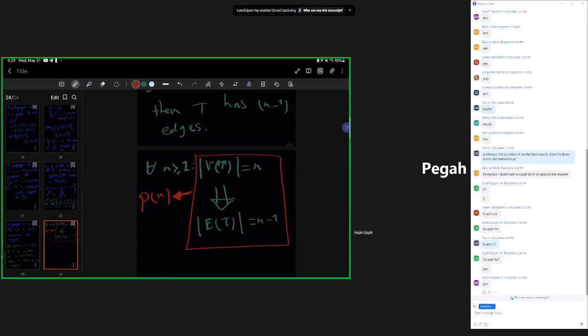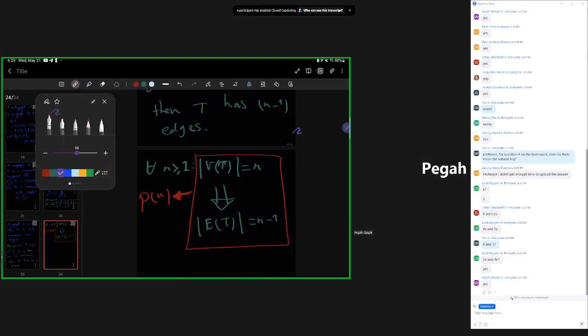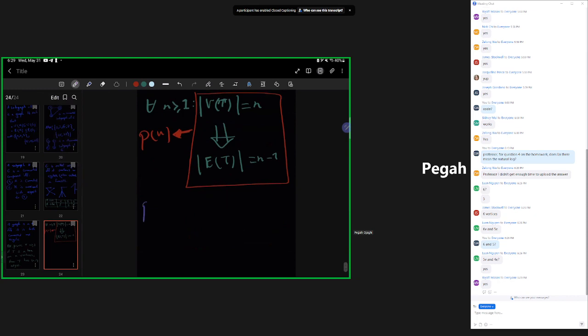Okay, let's go to the proof and see how we can prove it. I want to do induction. What is the first step of induction? Base. Yes, what is the base? Base is 1, as you can see, n is equal to 1. Let T be a tree with 1 vertex only.